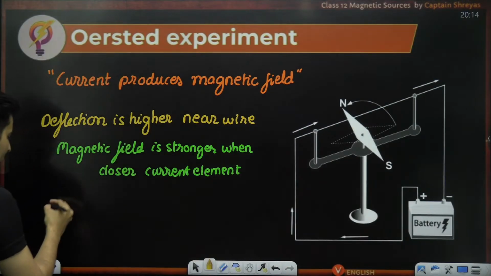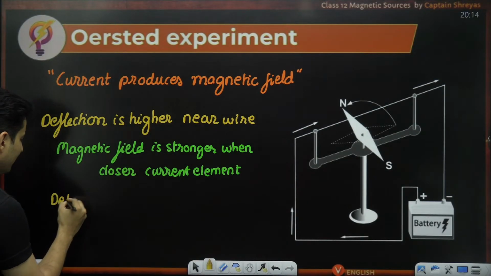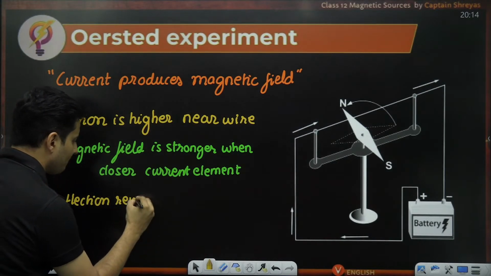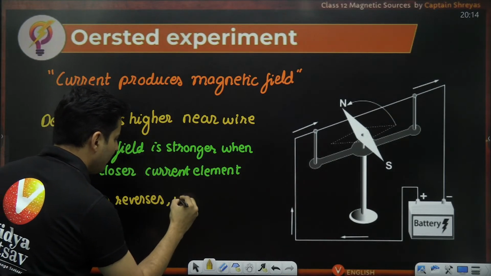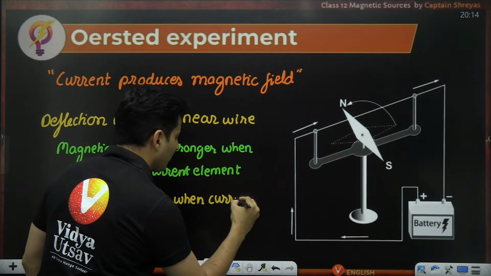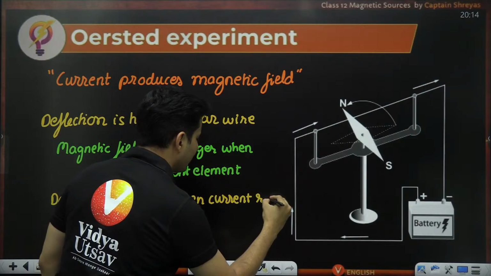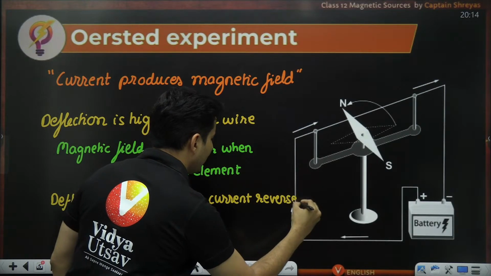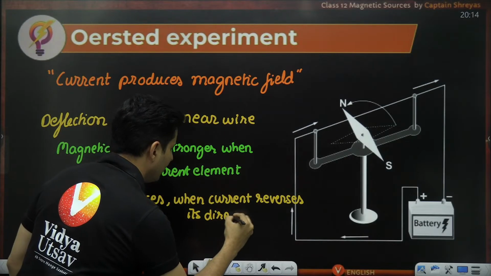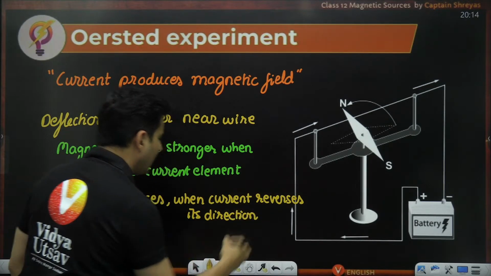Another thing, like I said, the deflection reverses when polarities are inverted, when the current reverses its direction.